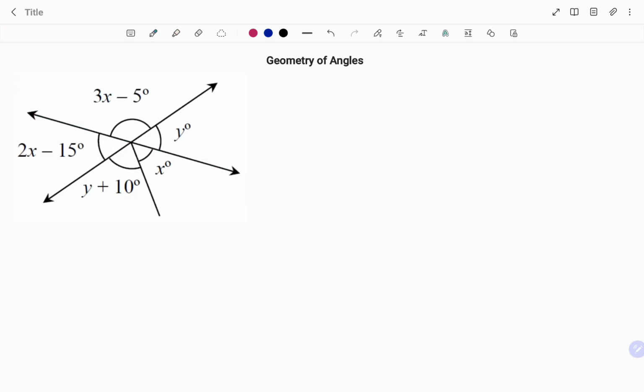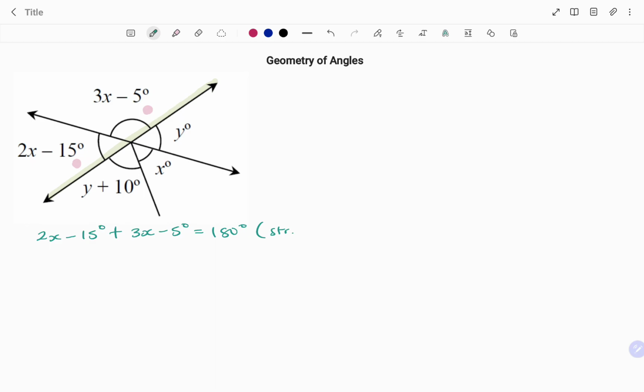In my last example, I'm going to consider the straight line highlighted below such that I have the angles 2x minus 15 and 3x minus 5 being on the same straight line. Therefore, 2x minus 15 degrees plus the other angle, 3x minus 5 degrees, they're both on the straight line and they must add up to 180.